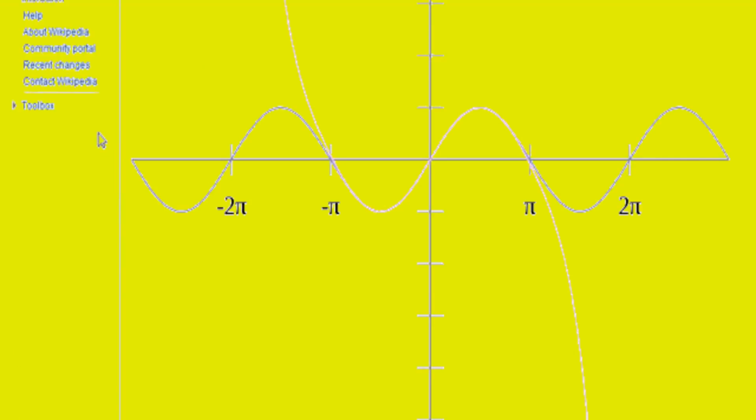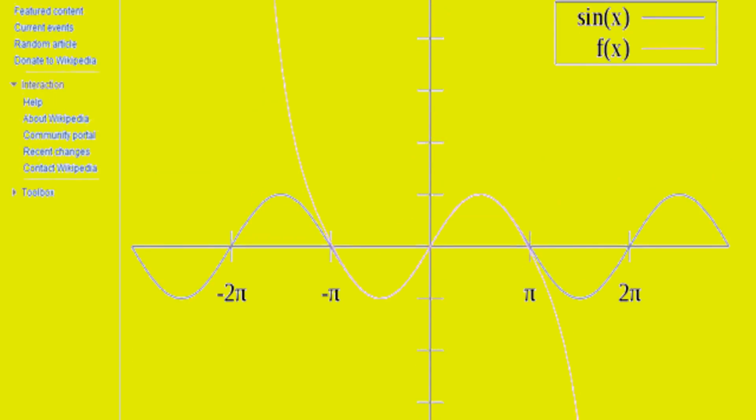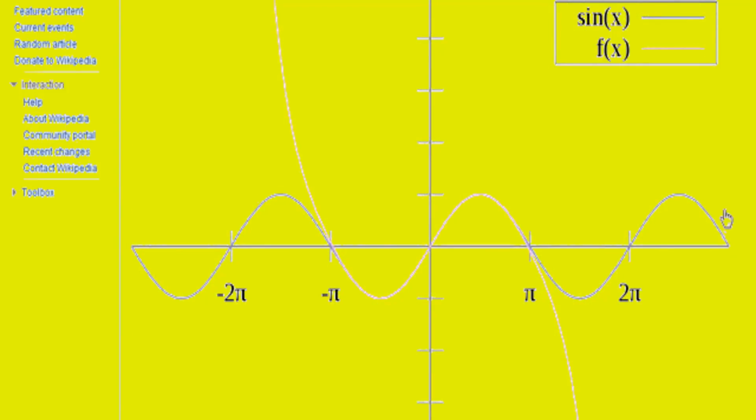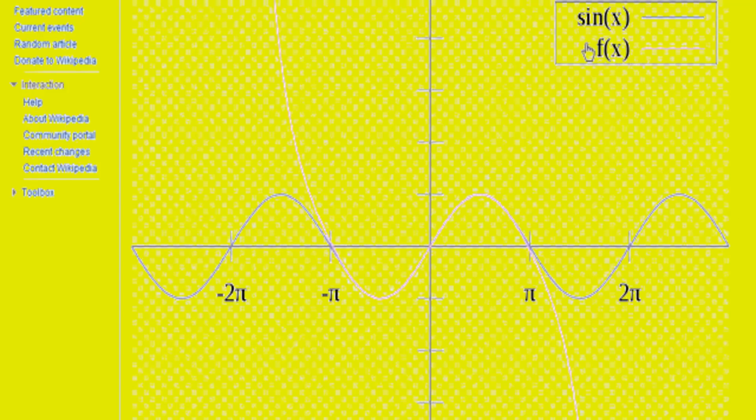Basically the idea behind the Taylor series is, and I'm going to show a couple of pictures I got from Wikipedia, we have this function right here, the sine function, the blue one. The idea is to find some sort of polynomial that is equal or very close to the sine function in a small domain, as you can see here, between about negative pi and pi.